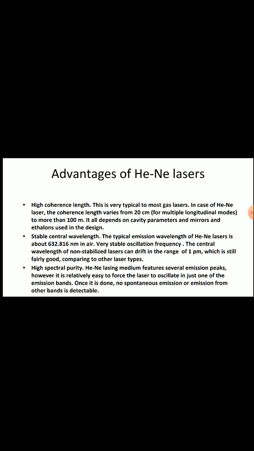So it may broaden from 632.816 nanometers as well. Very stable oscillation frequency can be obtained. The central wavelength of the non-stabilized laser can drift in the range of 1 picometer, which is still fairly good compared to other laser types.